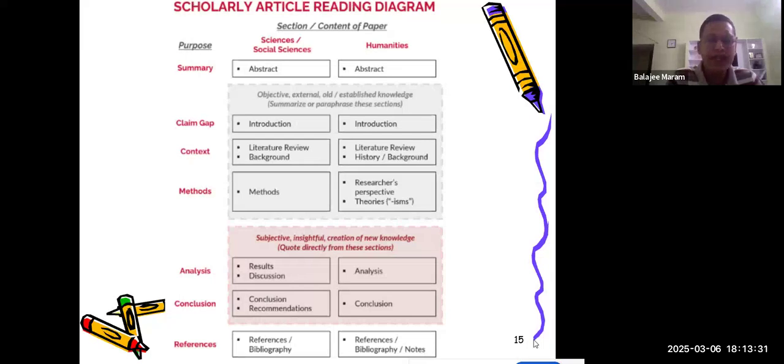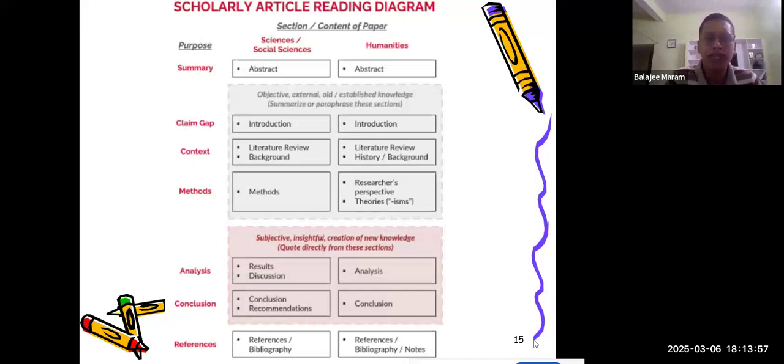Next one, analytics, analysis. In the sciences paper, there is a need of a results part, because some practical implementation should be there, and from the practical implementation, you need to give the result. Based on the result, there is a need of some discussion. Discussion means what the differences are between the existing technology and your technology.